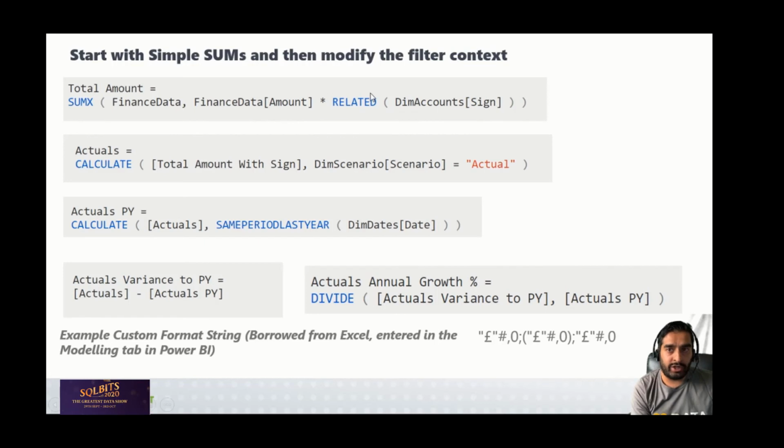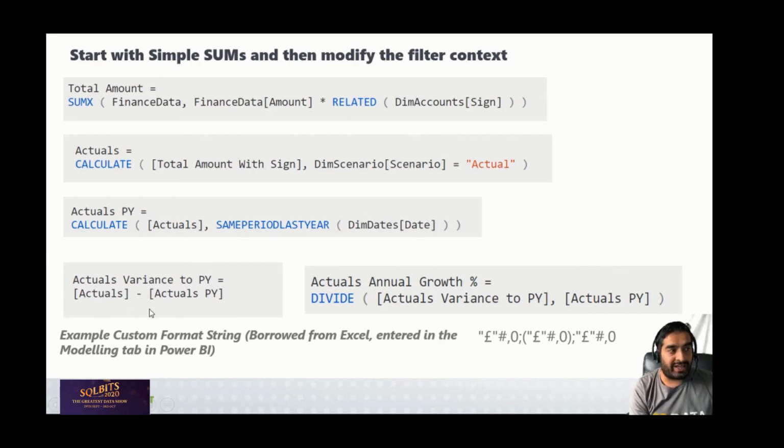It's better than having calculated columns because they consume memory in your report. We then took the total amount and put it into an actual: calculate that where the scenario is actual. Then we took that measure, calculated actuals for the same period last year: depending on whatever period you're looking at now, go back 1 year and return the value for that period.